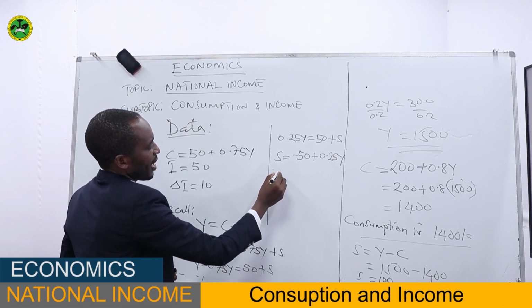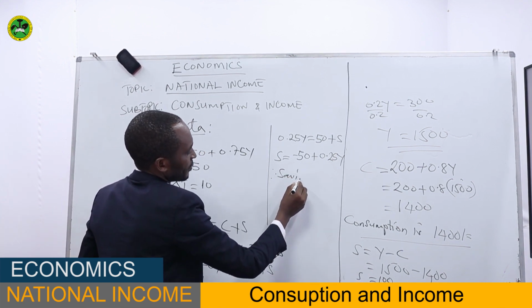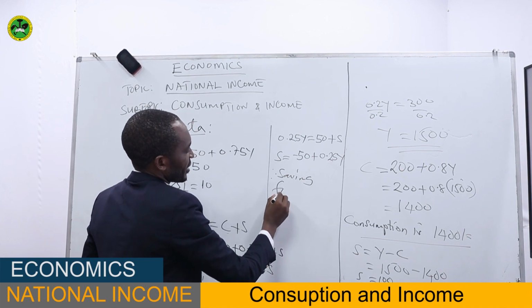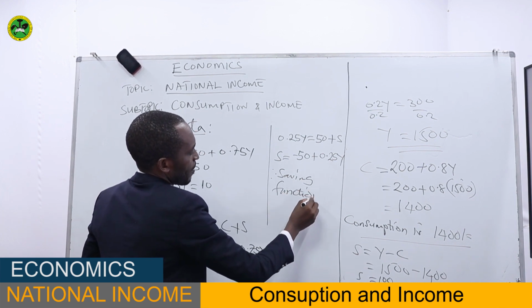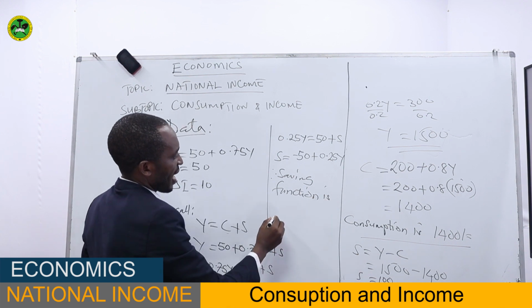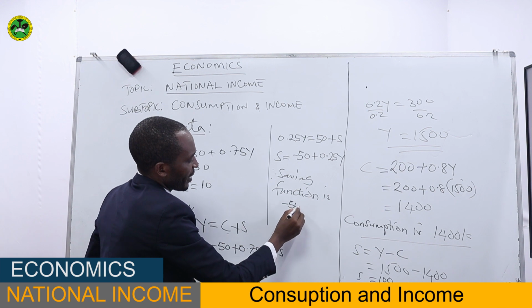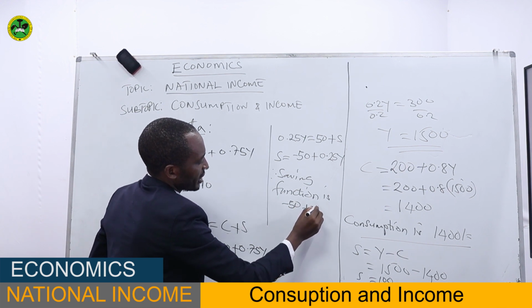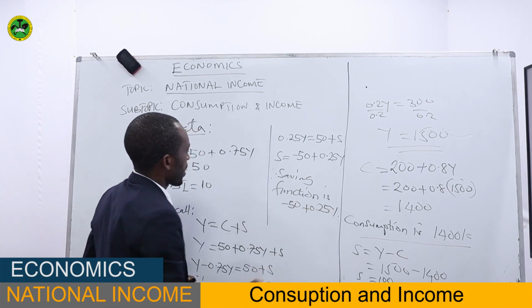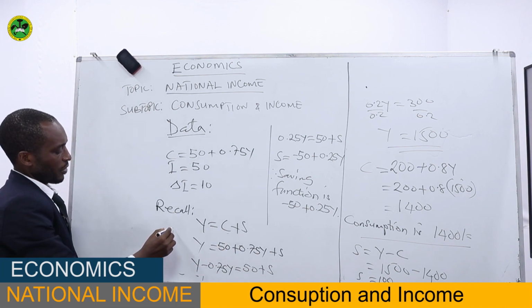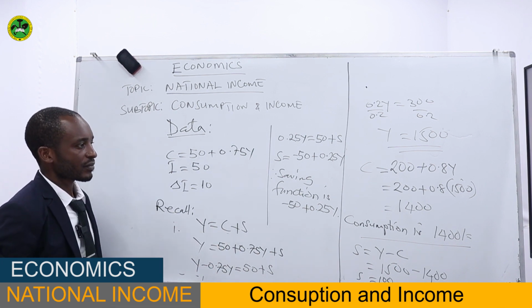Therefore, now our saving function is negative 50 plus 0.25y. So this was for Roman 1.